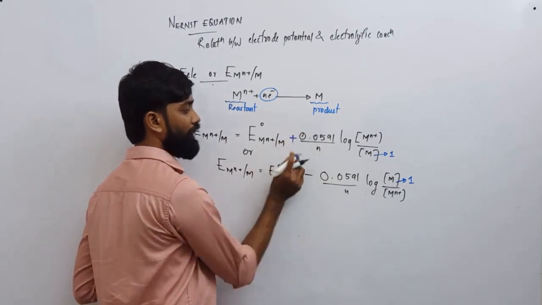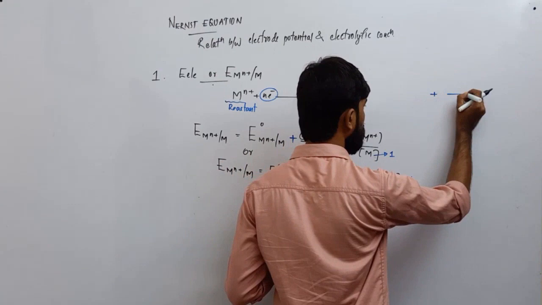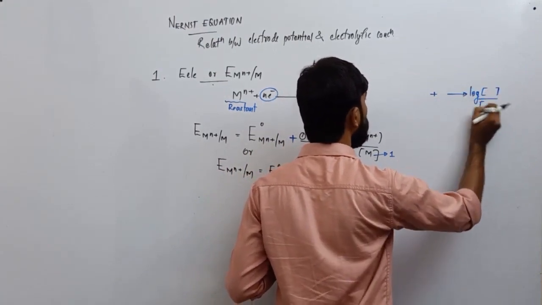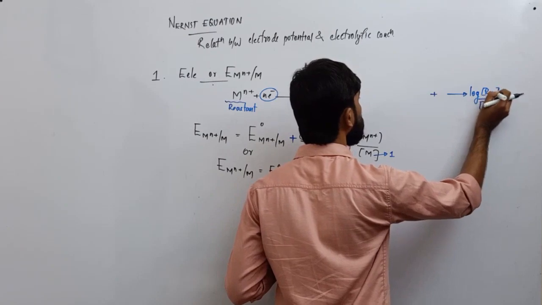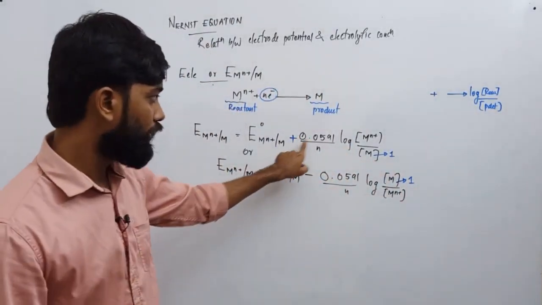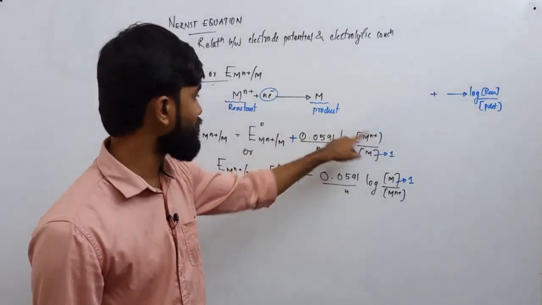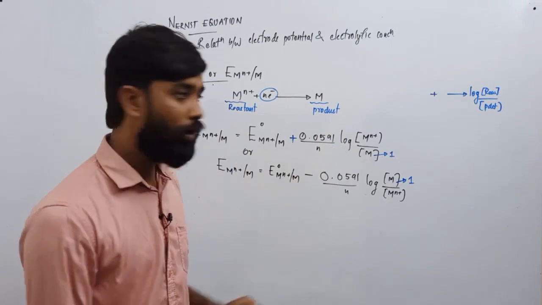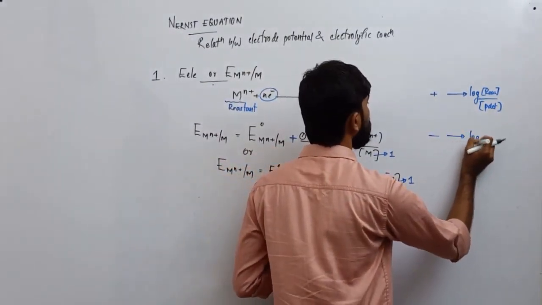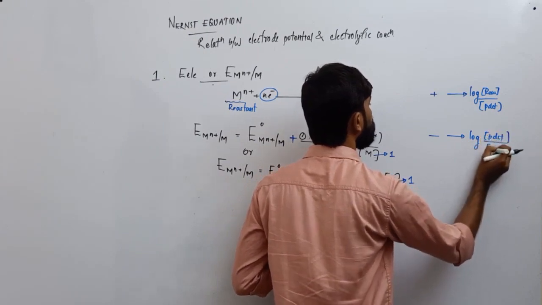If there is a plus sign here, then the log has a ratio of reactant to product. Mn plus is a reactant and M is the product. Or if it is a minus sign, then the log has a ratio of product to reactant.